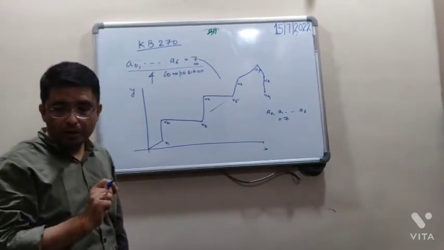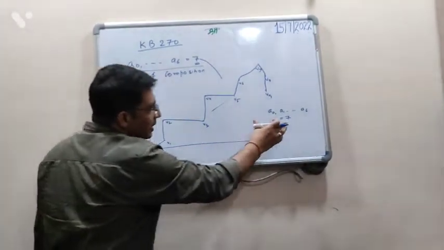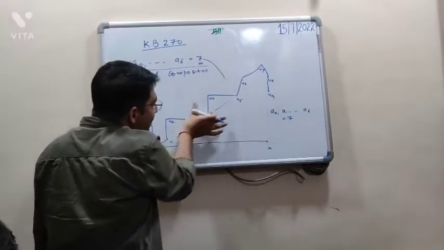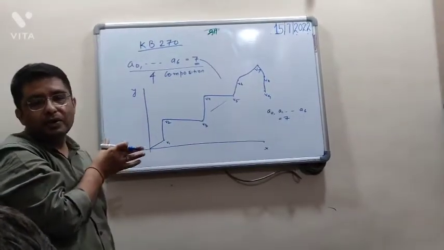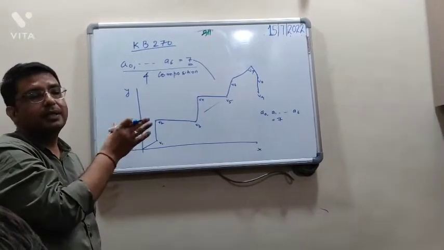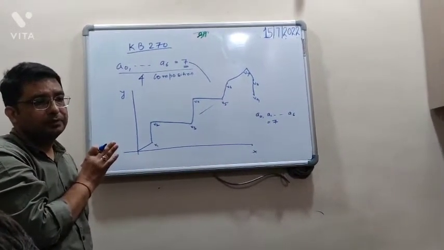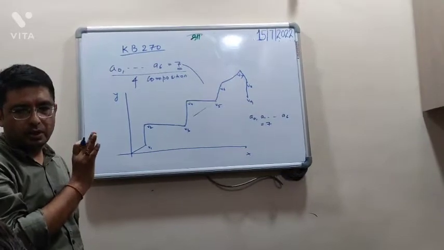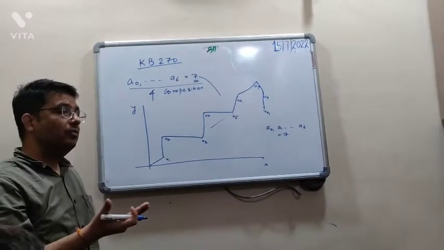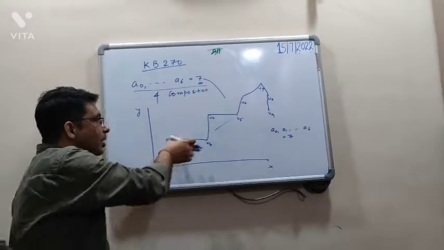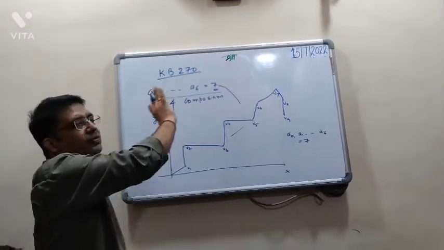Using these 7 coefficients, you can represent this plot. Are you getting my point or not? Now, this plot is being represented by these 7 coefficients.